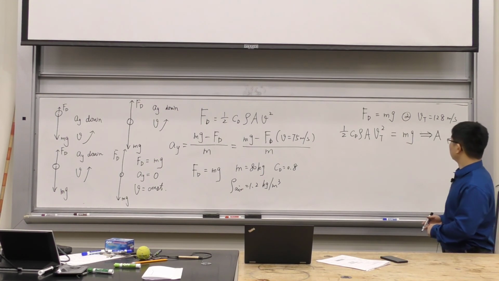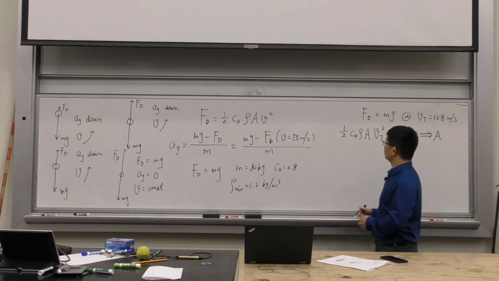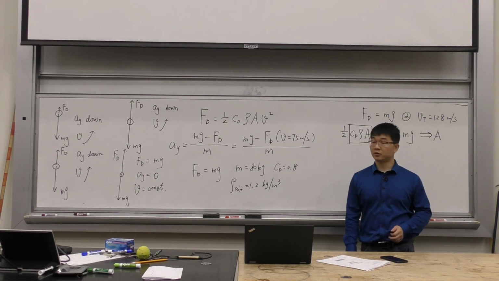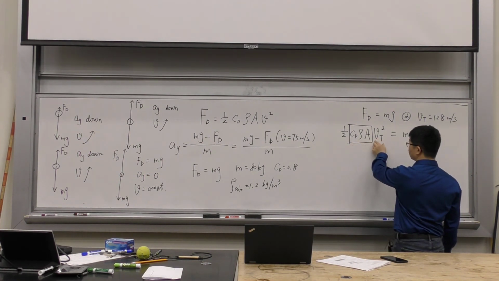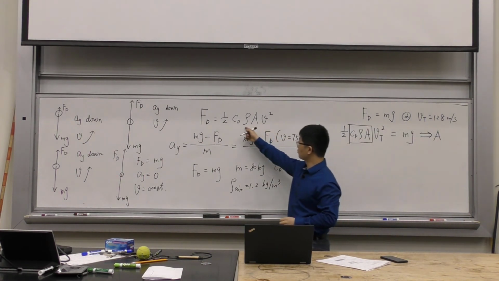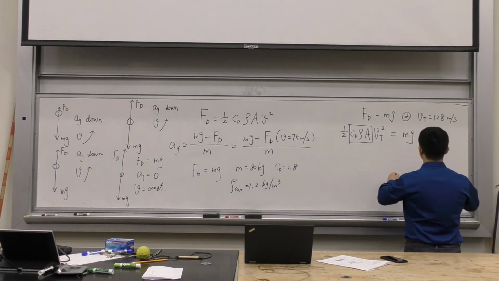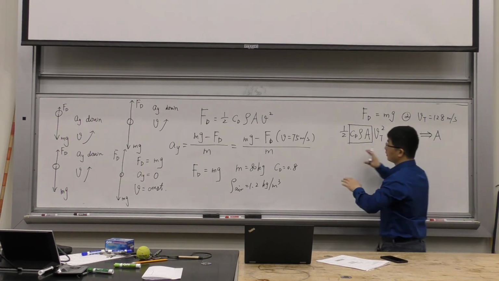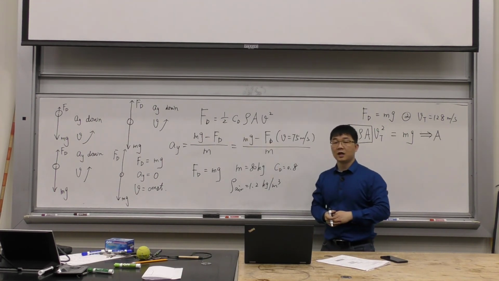Now let's see. First of all, you rearrange this equation, find the A, right? But there's an easy way that's going to make your algebra a little bit easier. Because all I need is actually this product, right? The product of the CD rho A, you see that that's what you have in front of this VT squared, and then when you find this air drag, you also need CD rho A. Instead of doing A equals this times this divided by CD, and then multiplying that by CD to find the air drag for 75 meters per second, I don't need to do that, right?